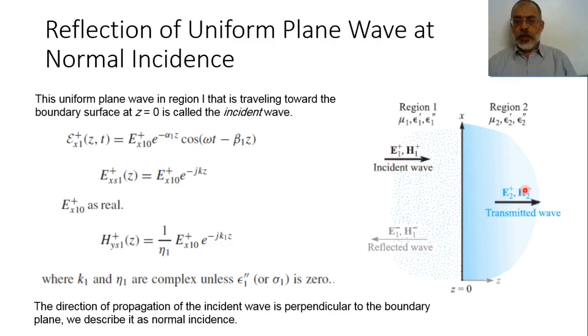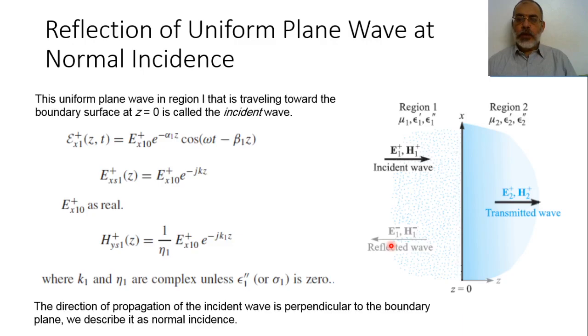Similarly, H2 plus would equal E2 plus over eta 2, where eta 2 is the intrinsic impedance of region 2. Finally, H1 minus would equal E1 minus over eta 1 in the minus direction because it is in the negative z propagation. So it would be minus E1 minus over eta 1.